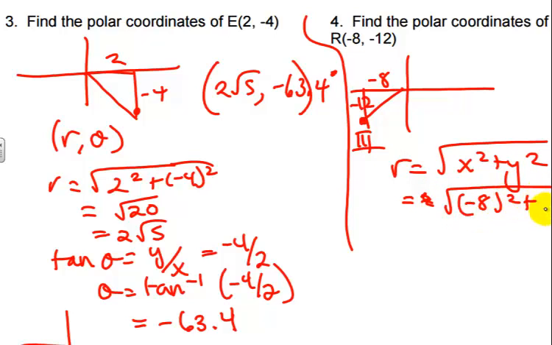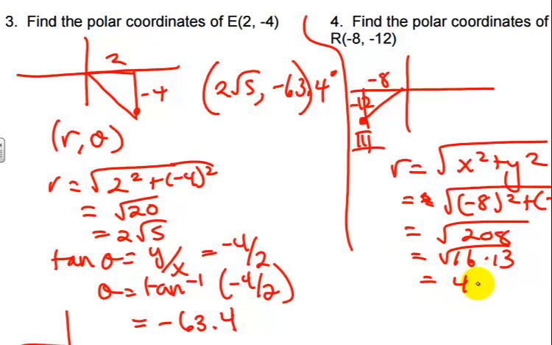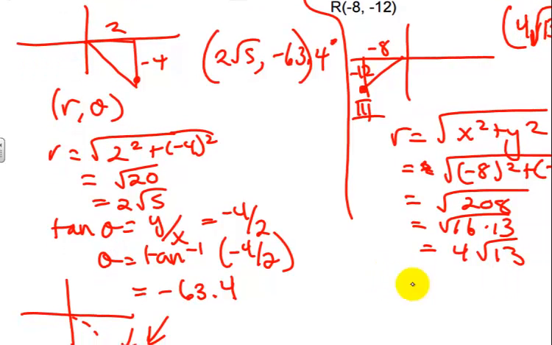We have -8 squared plus -12 squared, which is root 208, which is the same as 16 times 13, so 4√13. It's our radius, 4√13.